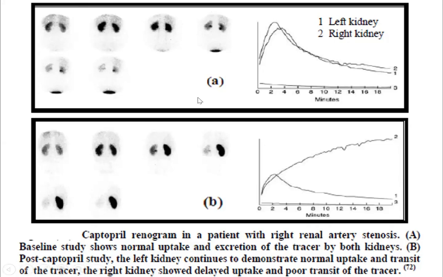For this reason, we did Captopril renography 5 days after, and as we see here, there is mild reduction in perfusion of the right kidney, mild reduction in tracer uptake, and delayed excretion with severe parenchymal retention of the tracer, which appears here on the curve. This point of severe parenchymal retention of the tracer is the most characteristic scintigraphic point for diagnosing renovascular hypertension.